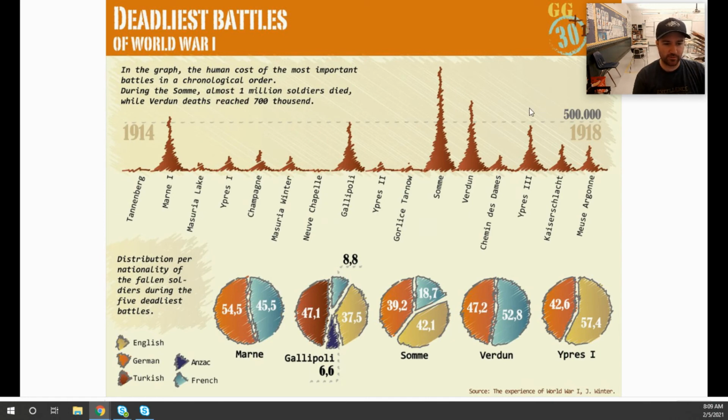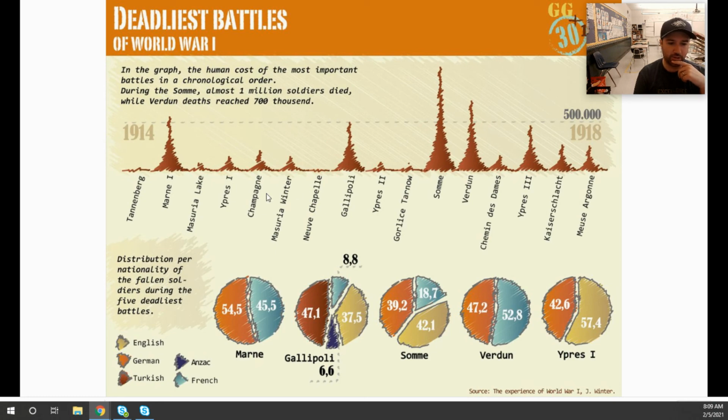The deadliest battle, I could say, is the Battle of the Somme, where almost 1 million people died. Verdun, 700,000 people died in that.